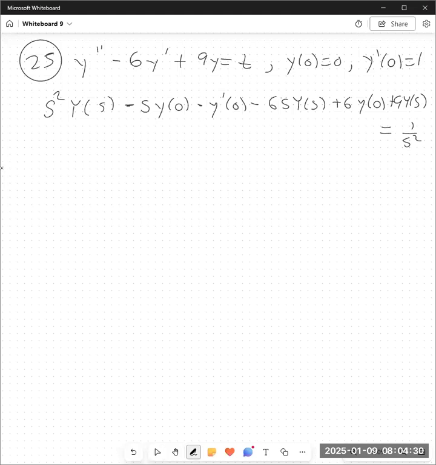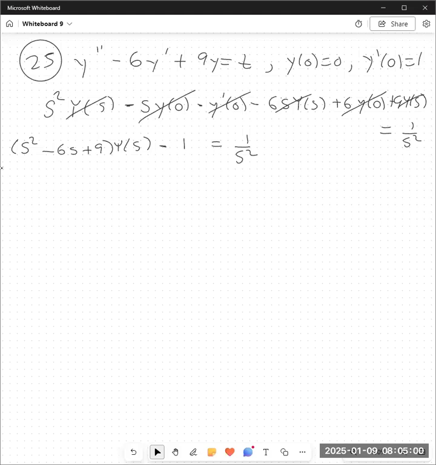So let's go ahead, and all of my y of 0 terms are 0. Factor s squared minus 6s plus 9 capital Y of s. Then this is minus 1 is equal to 1 over s squared.